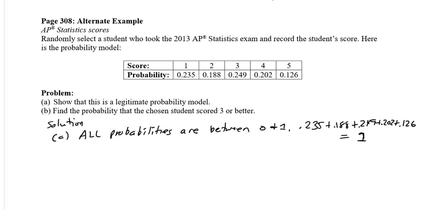And find the probability that a student scored a 3 or better. So a 3 or better would be those 3. Now they are mutually exclusive. You can't score a 3 and a 4. If you score one, you can't score the other. So they're mutually exclusive events, so all we do is add the probabilities together.